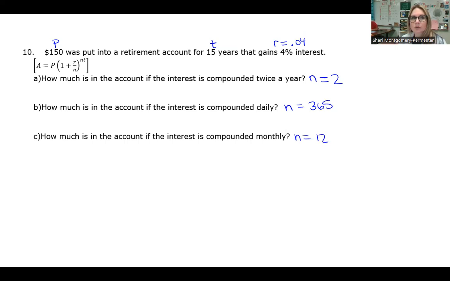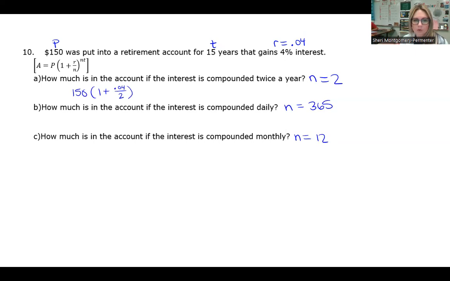For all of these, we're solving for A. So we can put in 150. And then it's 1 plus, and it's a fraction. So 0.04 divided by, in the first part, n is 2.